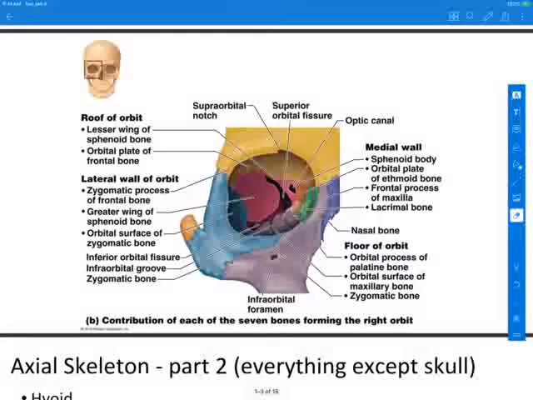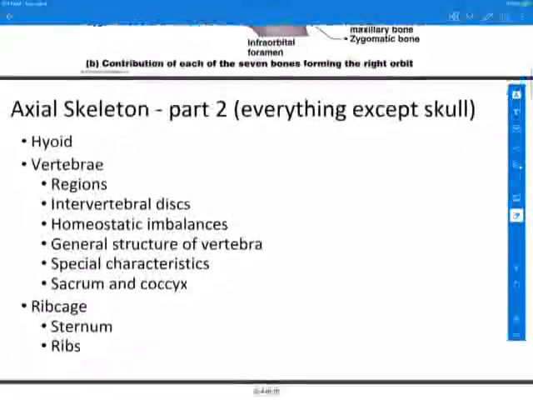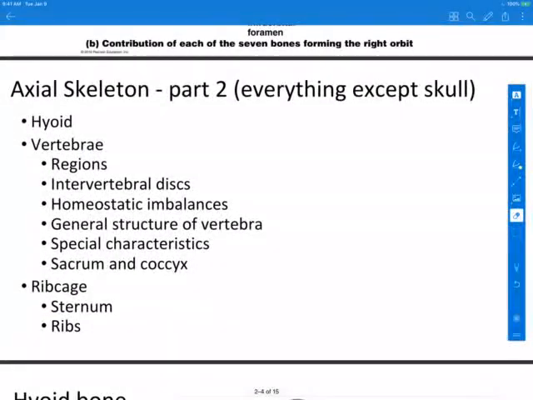Now I'd like to go ahead and continue moving on and talking about the axial skeleton. So first I'll talk about the hyoid bone. The hyoid bone is unique in that it does not articulate with any other bone in the body. So in other words, it doesn't form a joint with any other bone in the body.